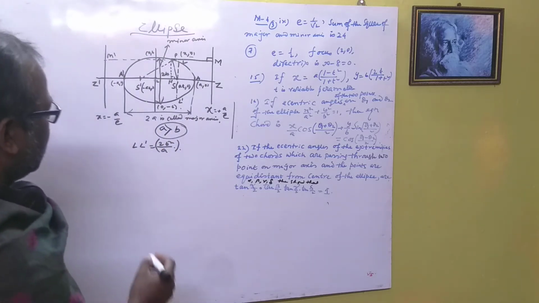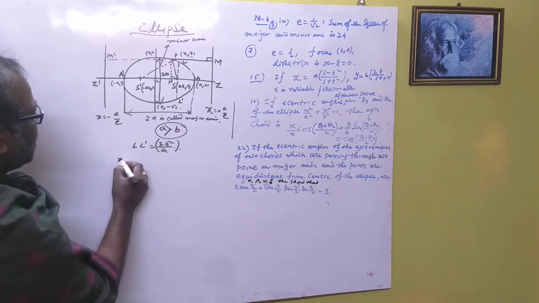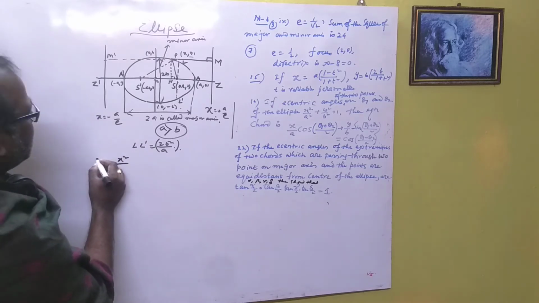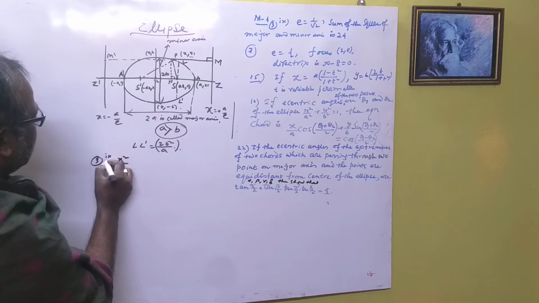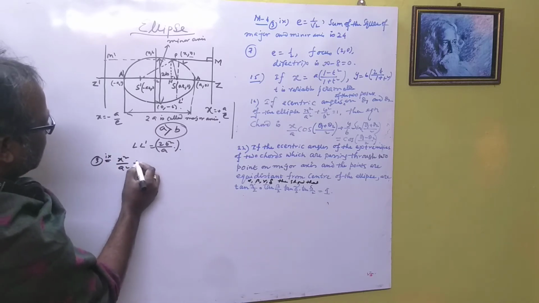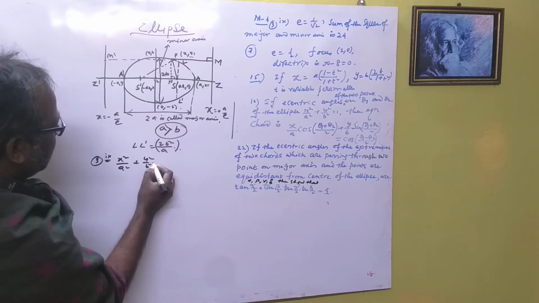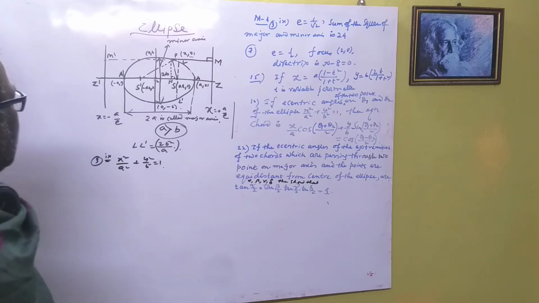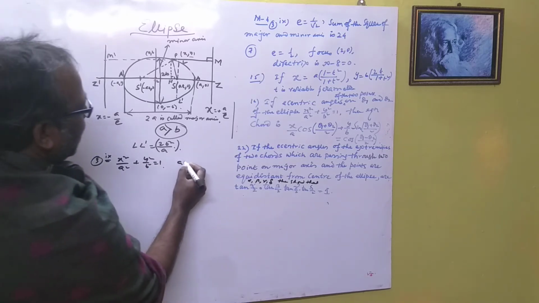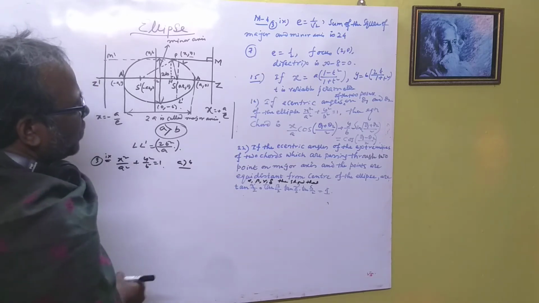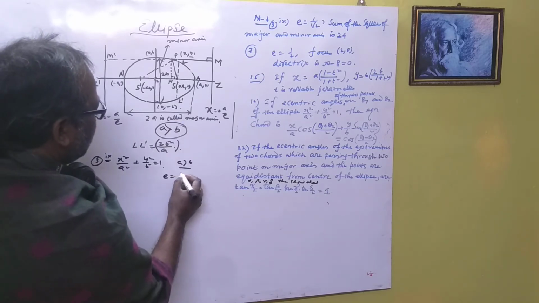So let us assume the equation of the ellipse is x square by a square plus y square by b square equal to 1. Here a is greater than b is given, and e is equal to 1 by root 2.